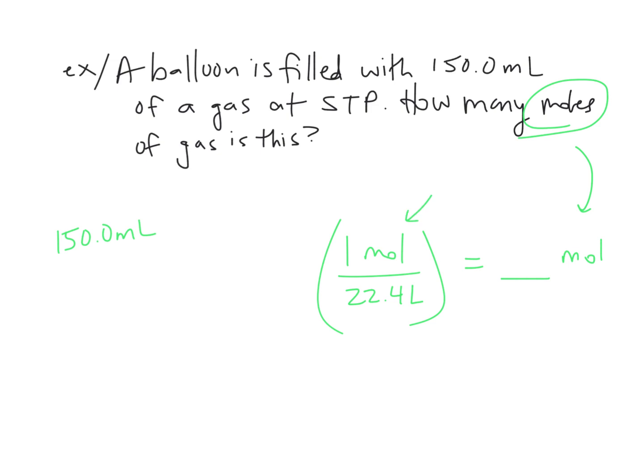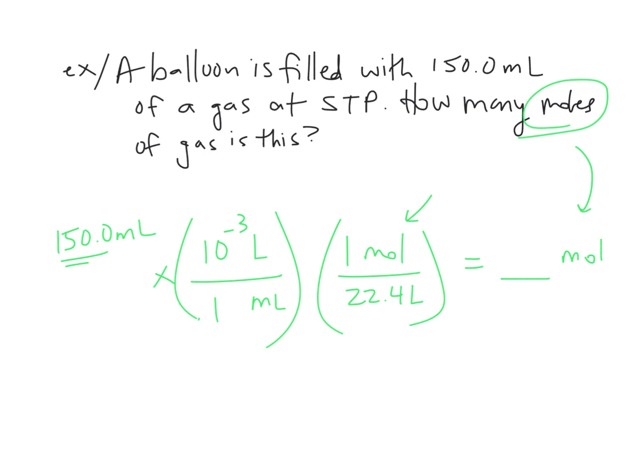That means we need to convert this 150 milliliters into liters. So we're going to need the conversion between milliliters and liters. You could put it this way: there's 10 to the 3 milliliters in 1 liter, or the standard way we tend to present that is there's 10 to the minus 3 liters in a milliliter, rather, sorry.